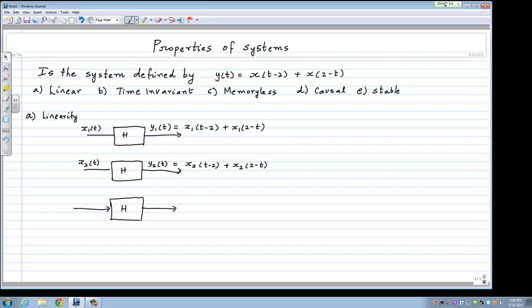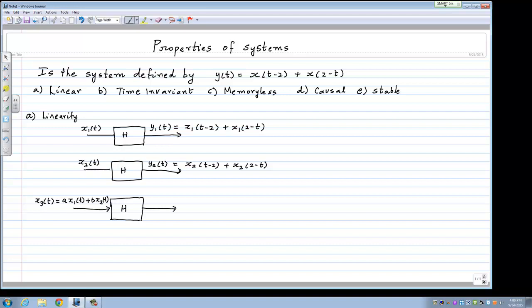I want to determine if the system is linear or not. So if the system were to be linear, the output of the system corresponding to a third input, which let's call x3 of t, given by a times x1 of t plus b times x2 of t, I want to look at the output of the system for this input, and I want to see whether that is the same as a times y1 of t plus b times y2 of t.